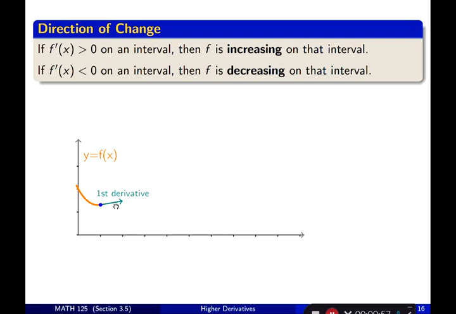We know that the slope of the tangent line comes from the first derivative. So when the first derivative is positive, this direction is upward, basically.